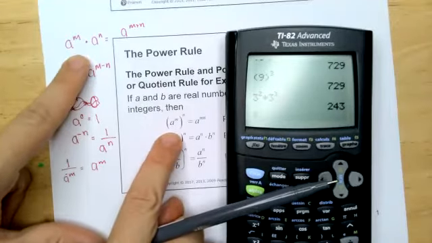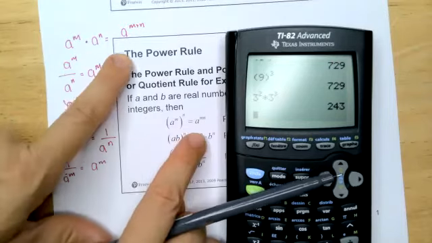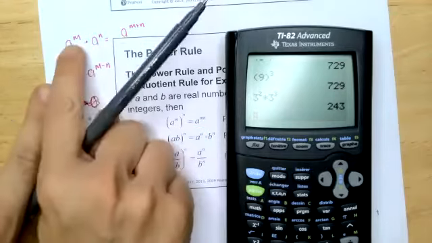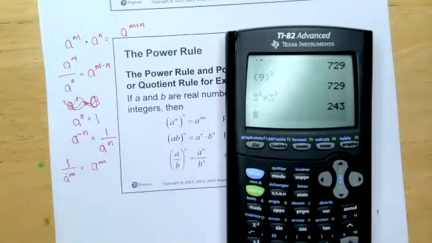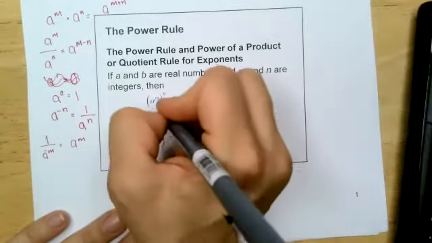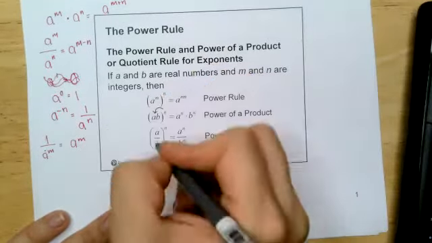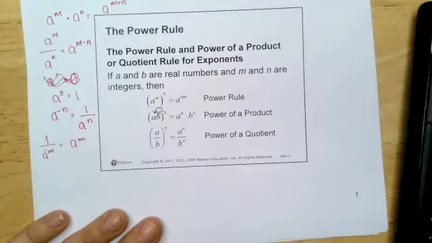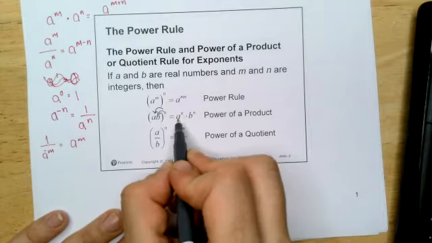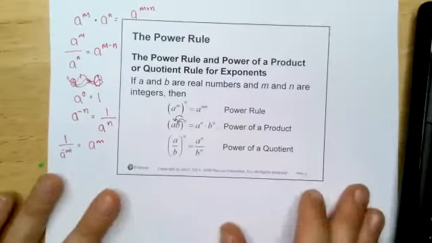Basically, what I want you to understand through all those mistakes is that these are different values, okay? You're multiplying the exponents when you're raising a power to a power, and you're adding them when you're multiplying 2 powers. Good. Power of product rule means we distribute. So we take that n, we apply it to the a and to the b. So ab to the power of n is the same as a to the power of n times b to the power of n.